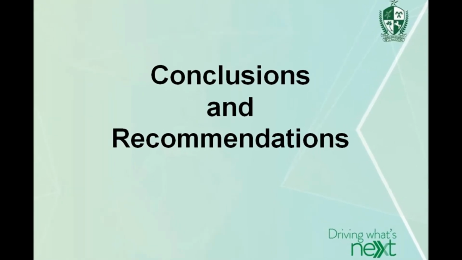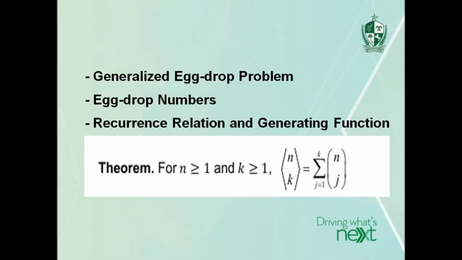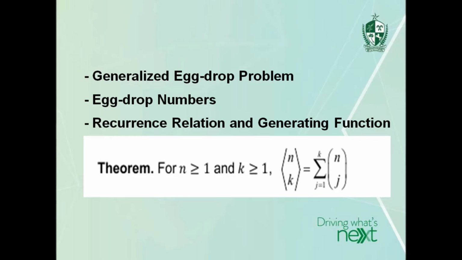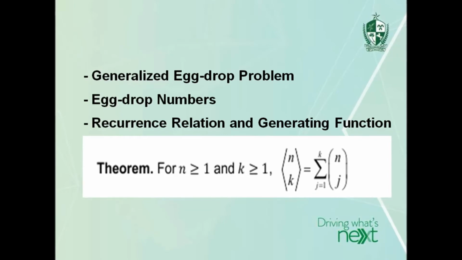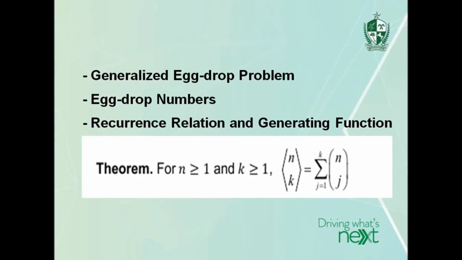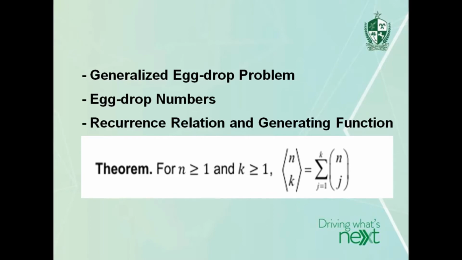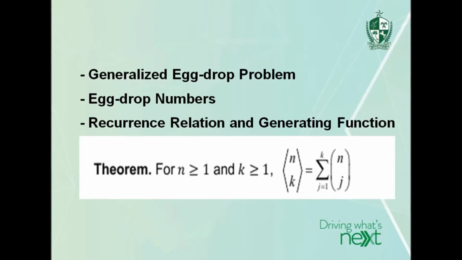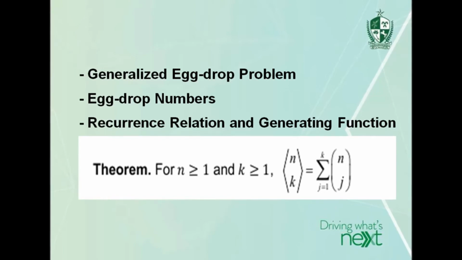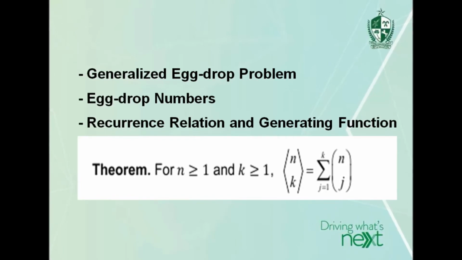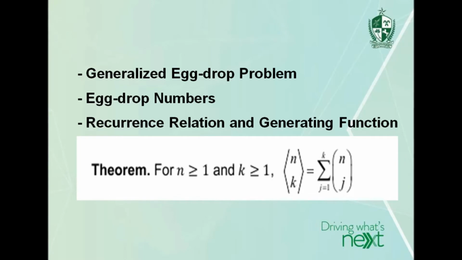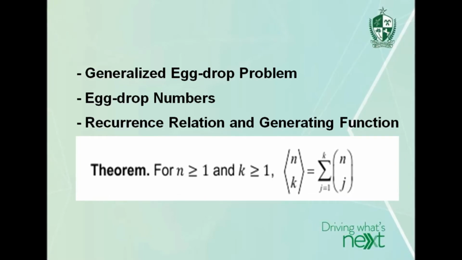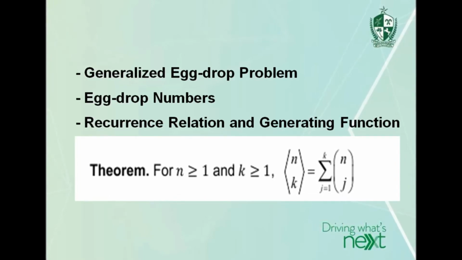Conclusions and recommendations. The generalized egg drop problem: given k eggs, how many floors can we reach if we have at most n drops? The answer to that question defines the egg drop numbers, the number of floors that can be reached having at most n drops, given k eggs. Egg drop numbers is labeled as n drop k.